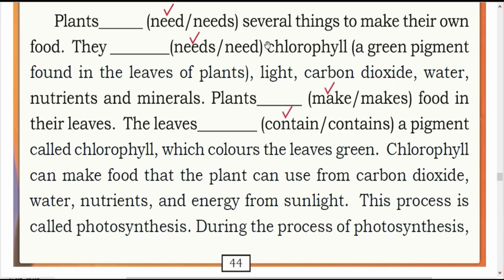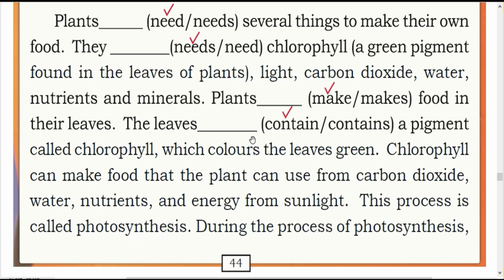Plants need several things to make their own food. They need chlorophyll, a green pigment found in the leaves of plants, light, carbon dioxide, water, nutrients, and minerals. Plants make food in their leaves.